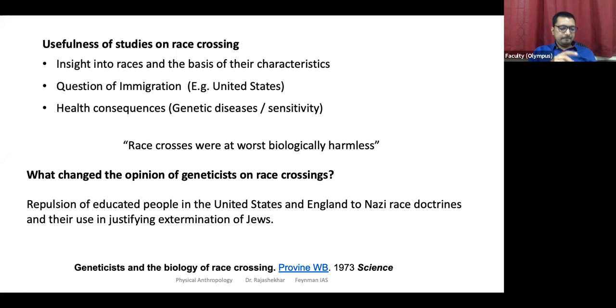They all mean the same. Racial differentiation. How do you differentiate different races based on these characteristics? And finally we talked about whether race is a valid concept and race crossing in man. Then we finished talking about 9.5.